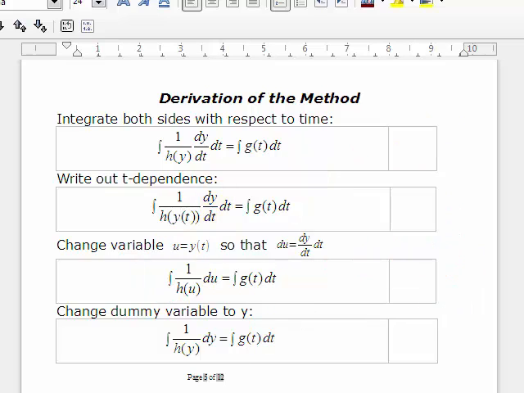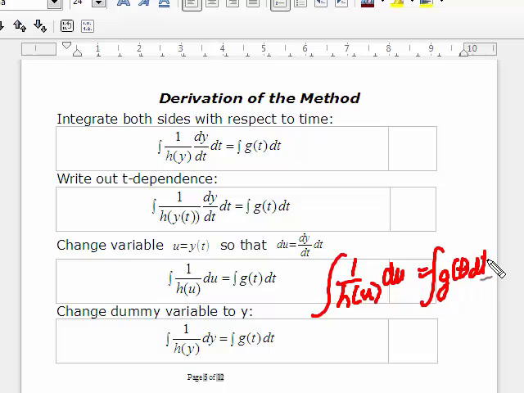So now I have the integral of 1 over h of u du equals the integral of g of t dt.